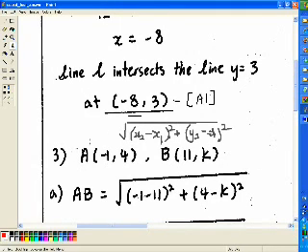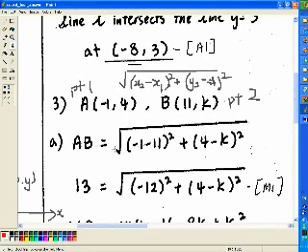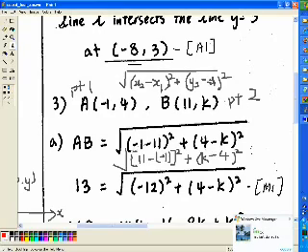Okay, let's say A is your point 1 and B is your point 2. Then AB will be equal to the square root of (x2, which is 11, minus x1, which is -1) whole thing squared, plus (your y2, which is your k over here, minus your y1, which is 4) whole thing squared, and this whole thing is square root.